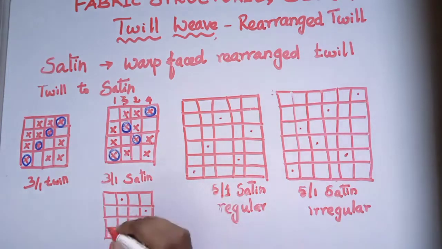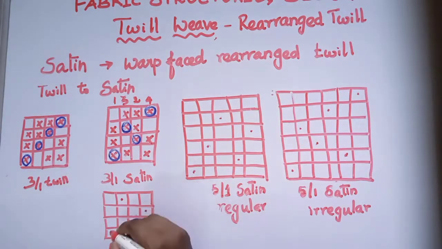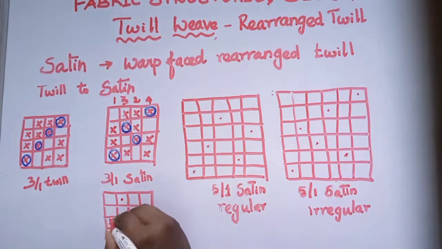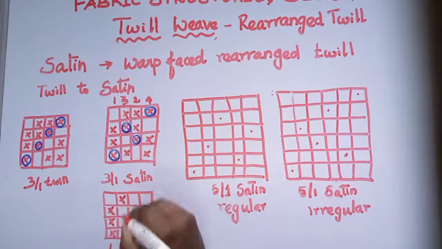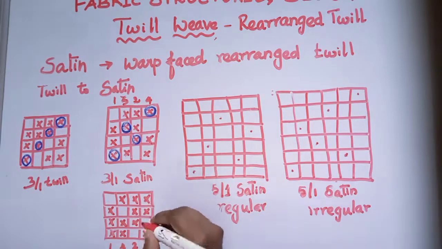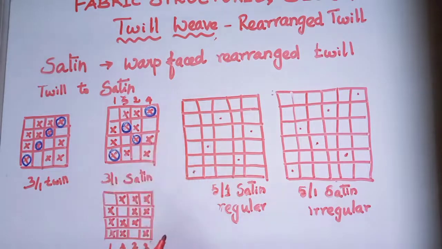This is an example of irregular satin because the starting point is 1 4 2 3. Now we are constructing the satin based on this starting point: 3 up 1 down. This is the difference between regular satin and irregular satin.